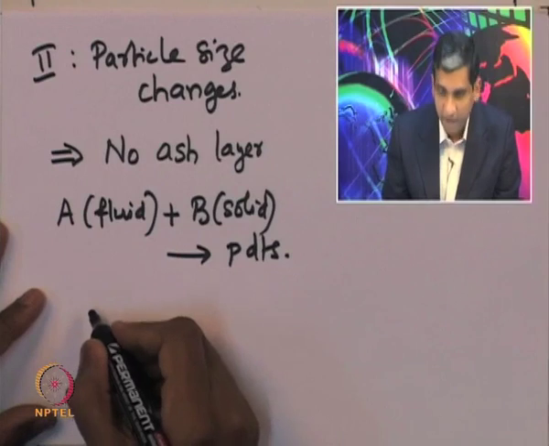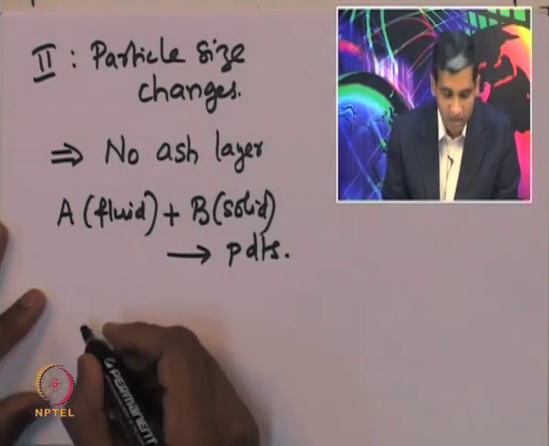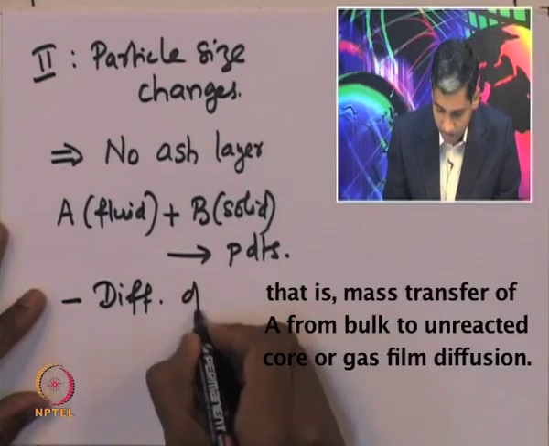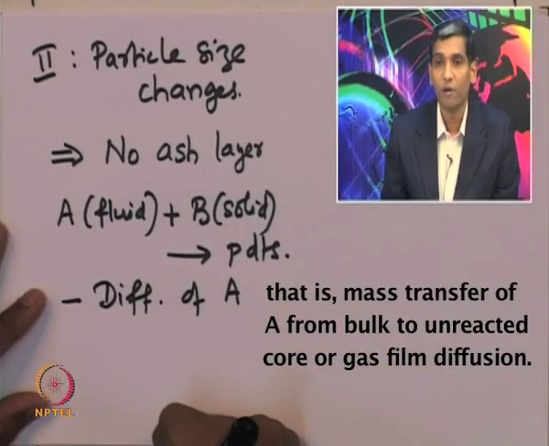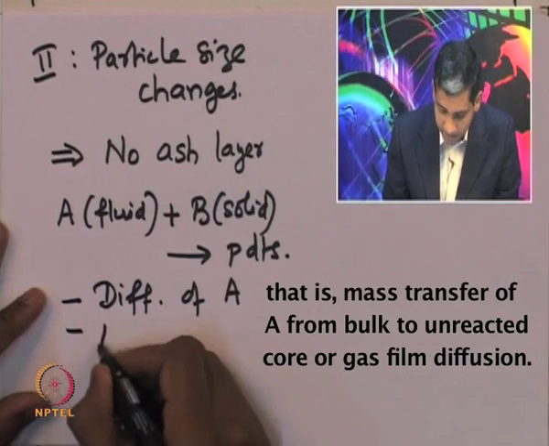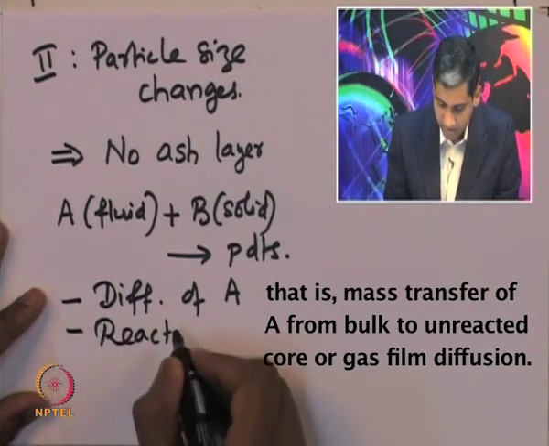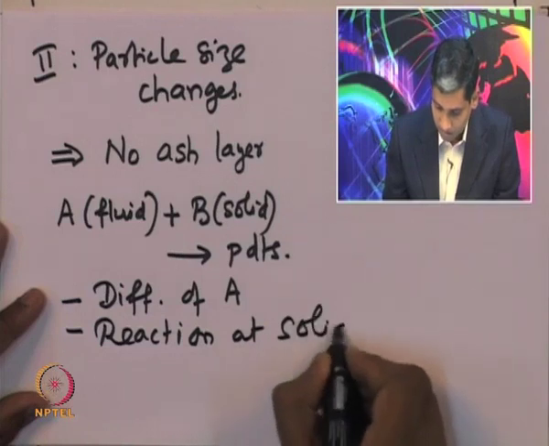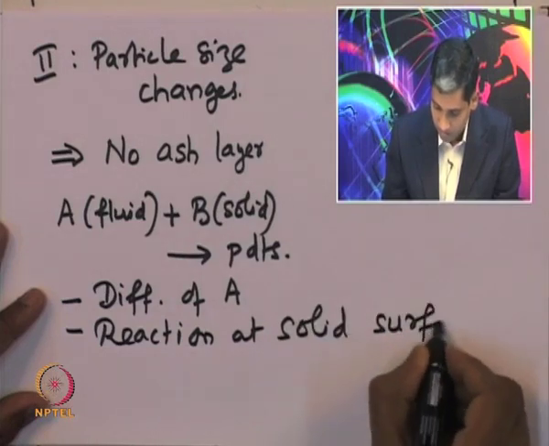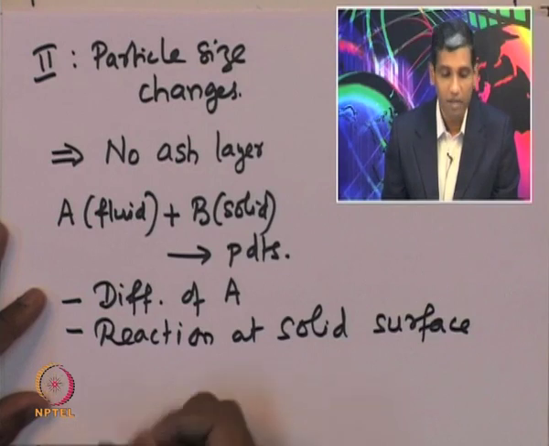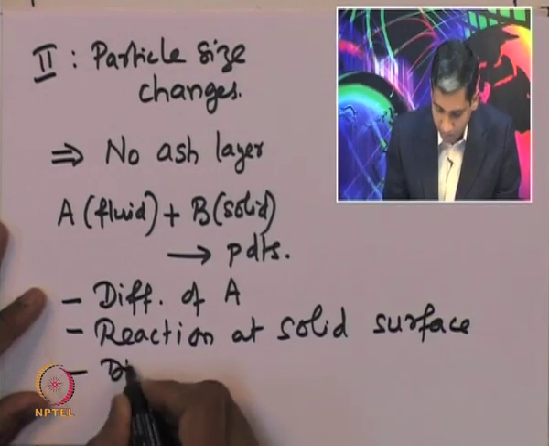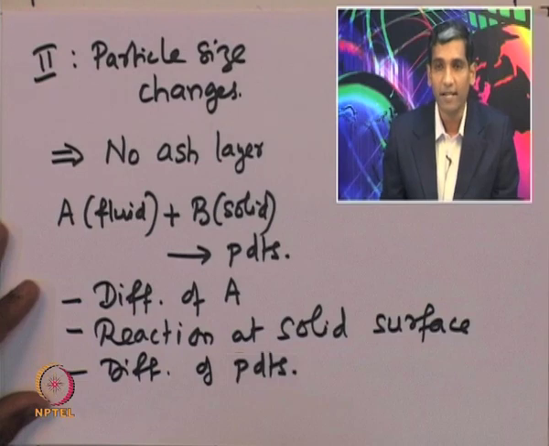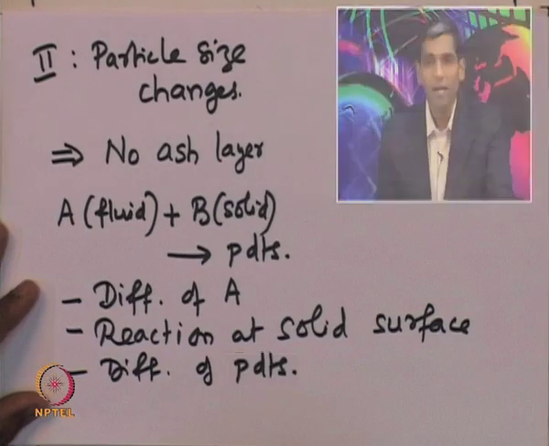Now, the different steps that are involved in this case are diffusion of species A, that is, mass transfer of A from bulk to unreacted core or gas film diffusion, and then reaction at the solid surface, and then diffusion of the products back into the gas stream. So, there is no ash layer. Therefore, there is no diffusion through the ash layer.